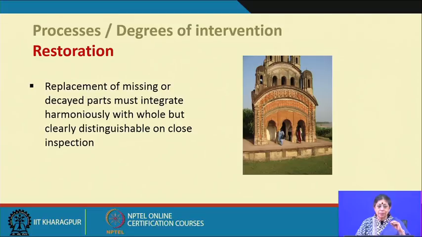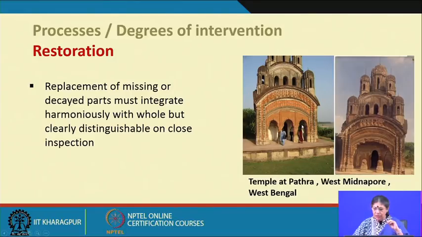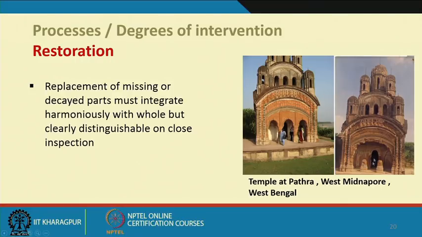There is a very good example of this new addition, a small temple in Patra, which has been restored, and it was originally in a very decayed condition. You can see that these columns have been rebuilt because they were the main load bearing columns, otherwise the structure would have totally collapsed.